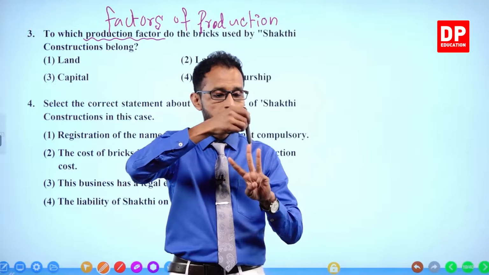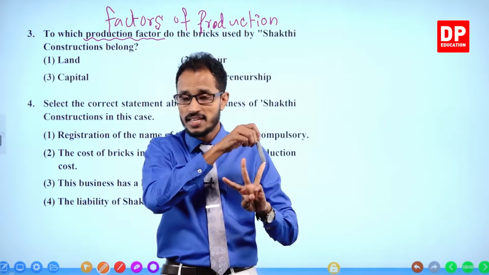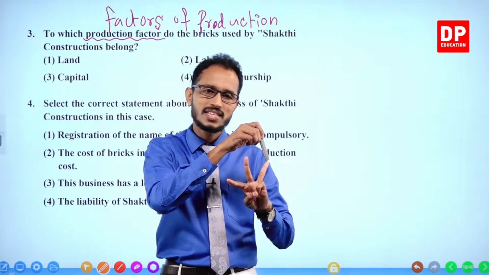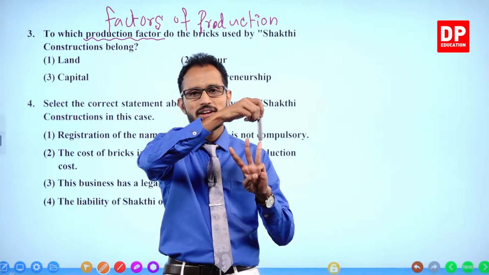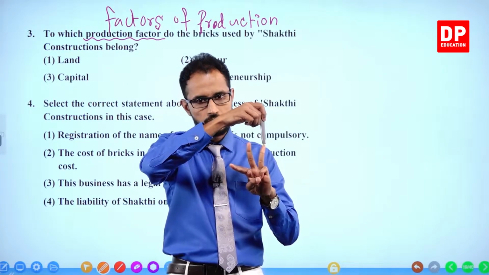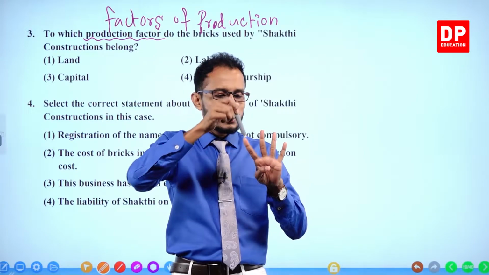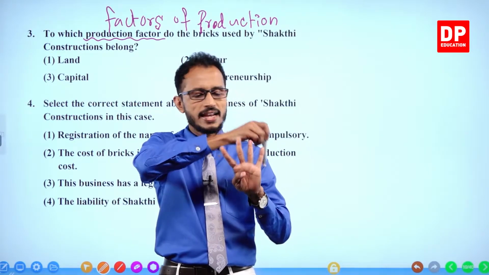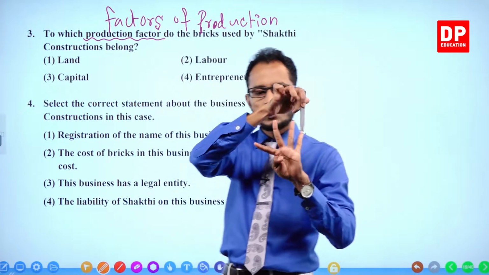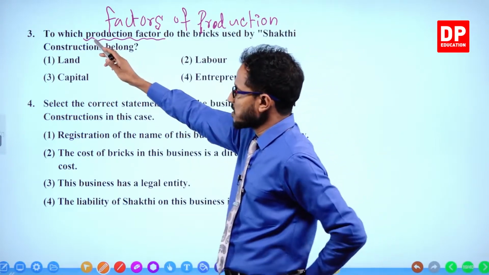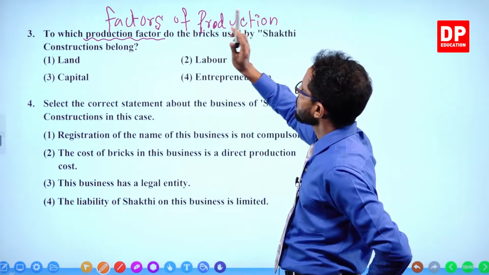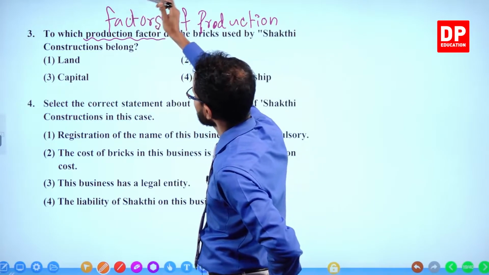Capital means money, cash, and all the other man-made resources provided by the owner. Enterprise means the entrepreneur.